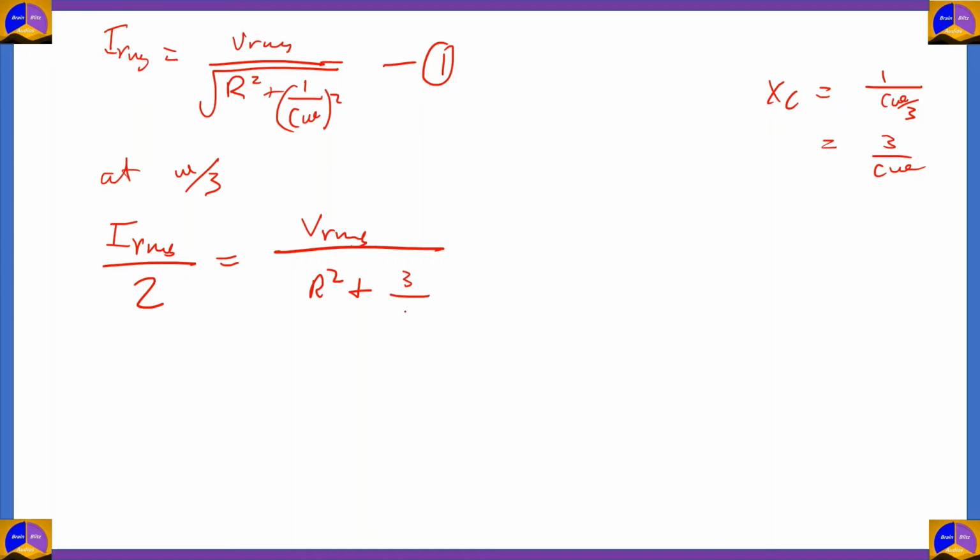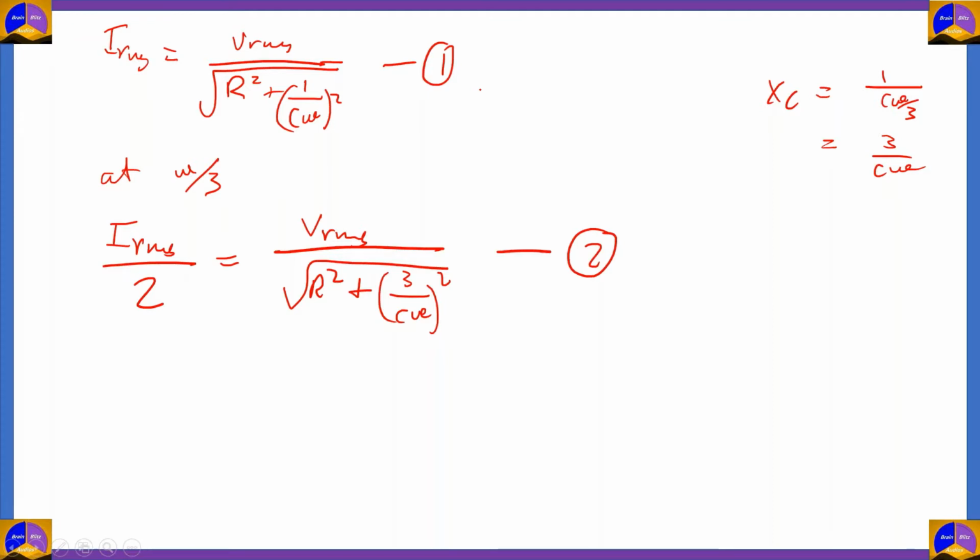So it is R square plus 3 by C omega the whole square, all under a root. This is our equation number 2, and this is the value of the capacitive reactance, XC, in this situation. So now we have two equations.